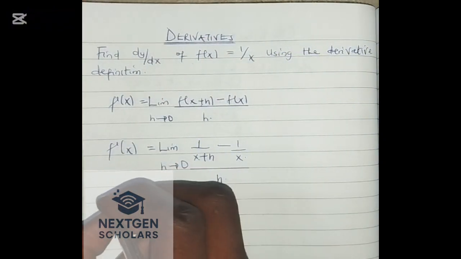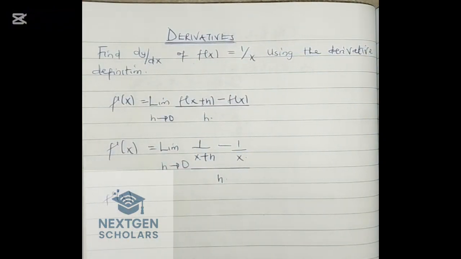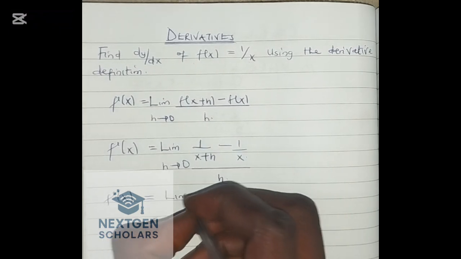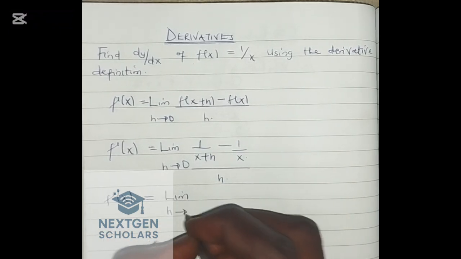So here we have f prime of x equal to the limit as h goes to 0.